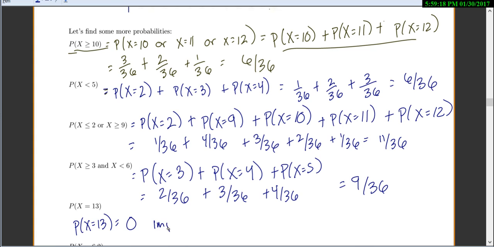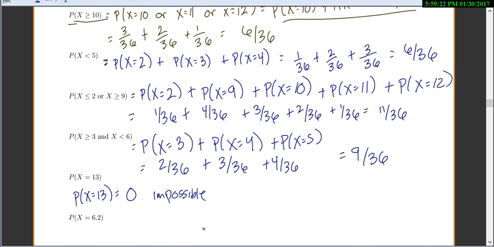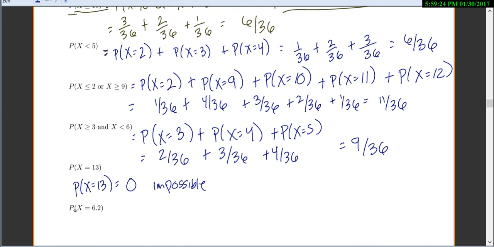Okay, and so this is impossible. So anytime you get something that is impossible, it would be 0. And similarly, the probability that x equals 6.2, can you get a 6.2? No, so that would just again be 0. So you will have problems as you go through where you just get zeros. You say that's not possible.